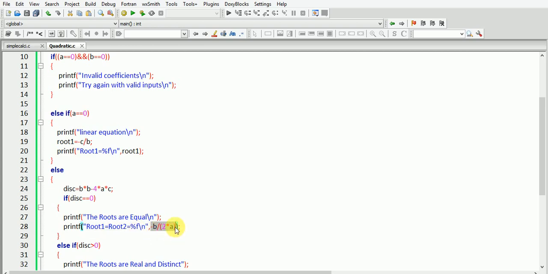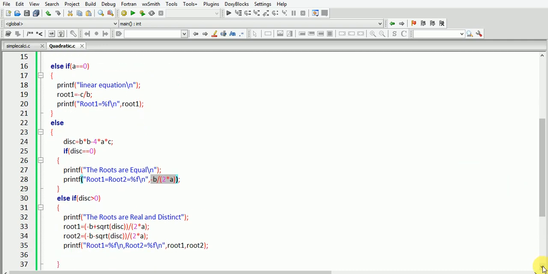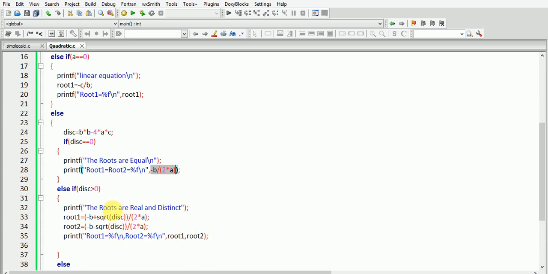Otherwise if d is greater than 0, the roots become real and distinct, and root 1 is equal to minus b plus square root of the discriminant divided by 2a, and root 2 will be minus b minus square root of the discriminant divided by 2a. So we print the values of root 1 and root 2 in this way.